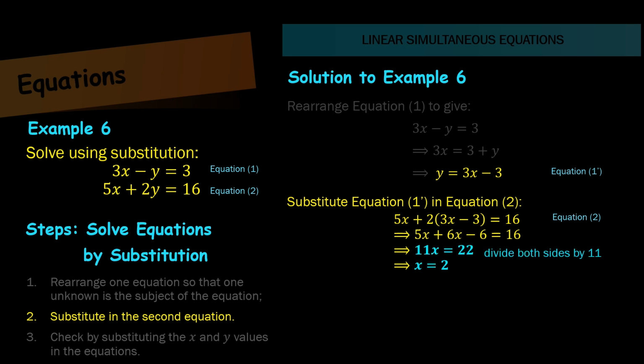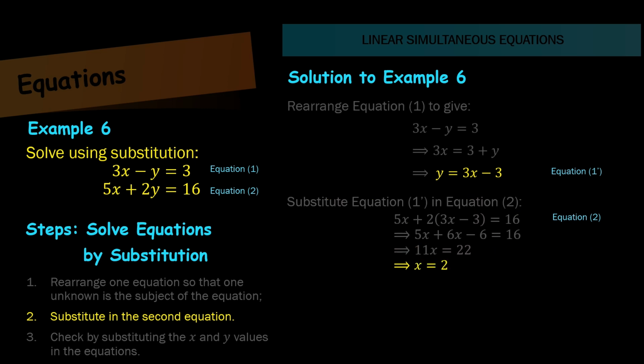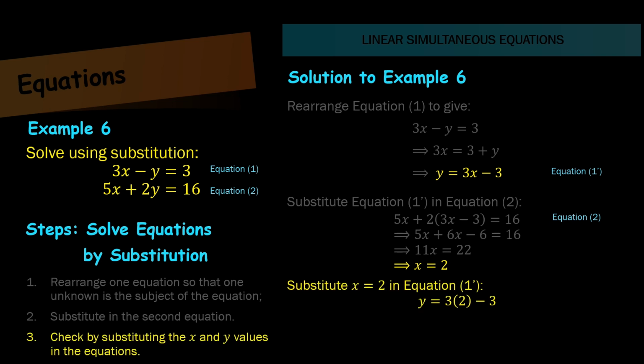Now we substitute x equals 2 in equation 1 dash. So y equals 3 times 2 minus 3, to give y equals 3. And therefore the solution is x equals 2, y equals 3.